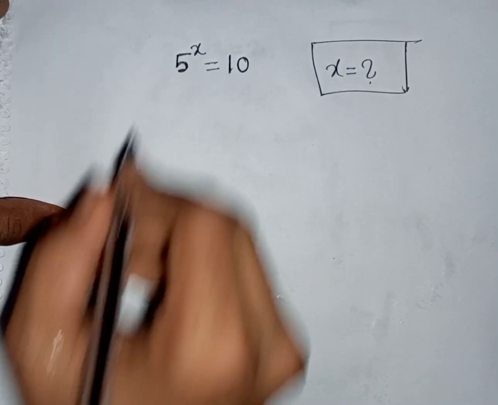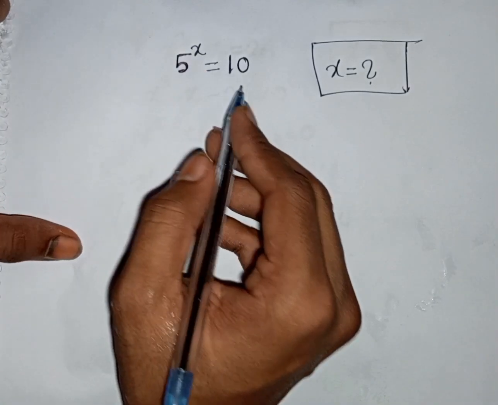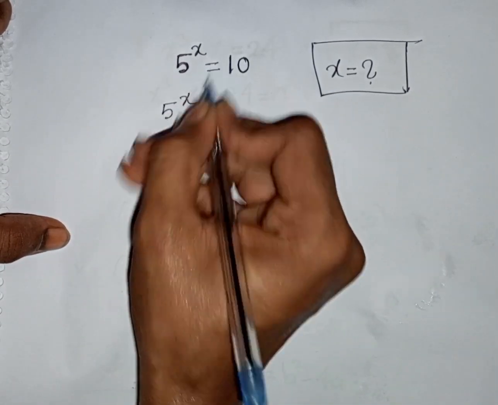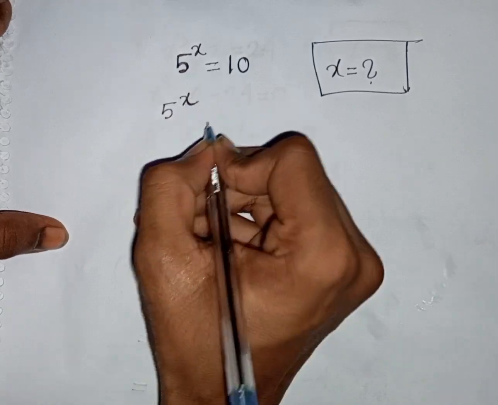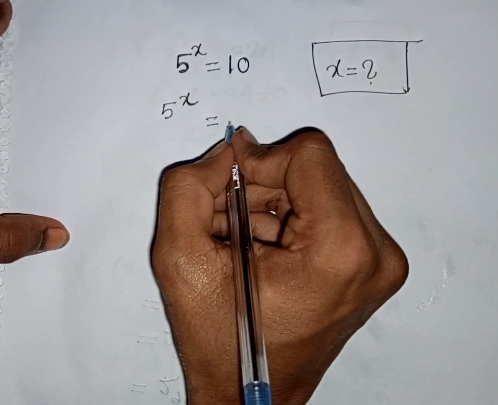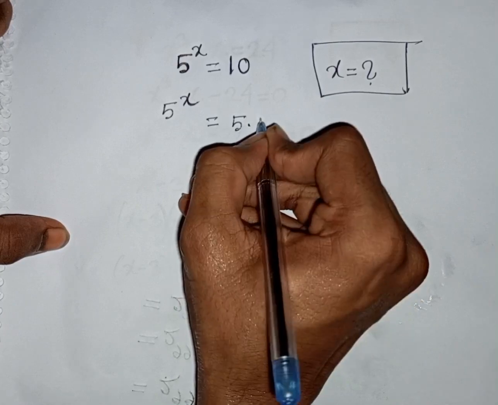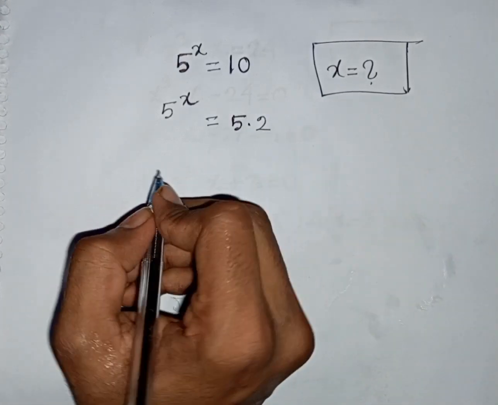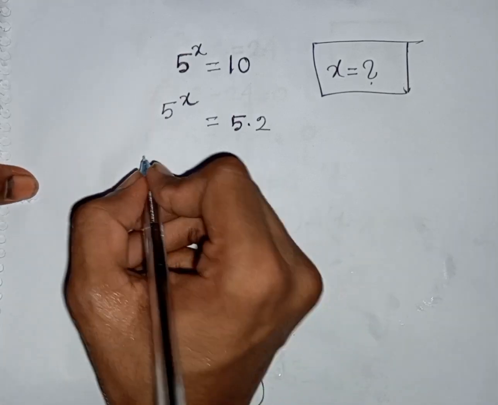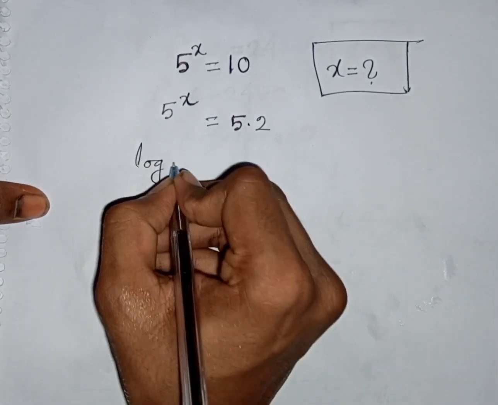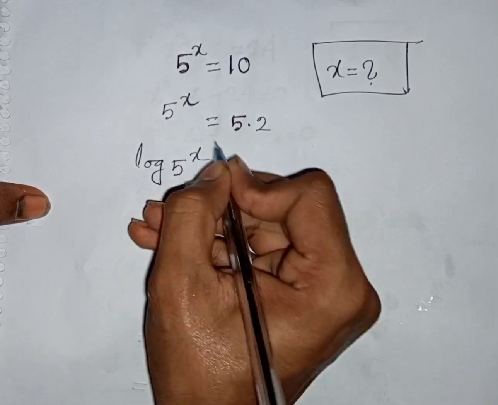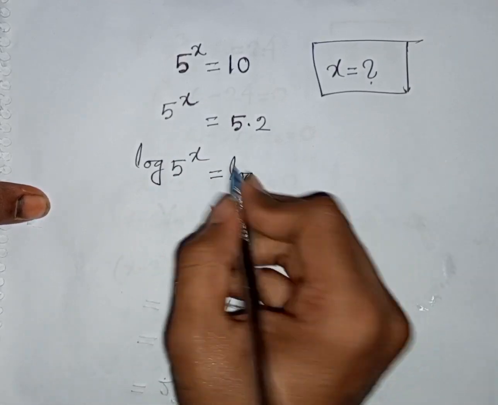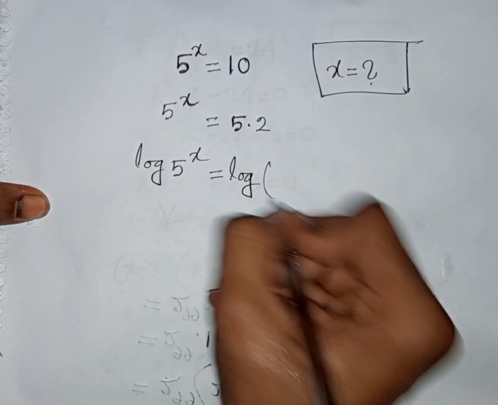How to solve 5^x = 10. Find the value of x. So we have 5^x is equal to 10, which can be written as 5 times 2. Now we apply log on both sides. So you can write log of 5^x is equal to log of 5 times 2.